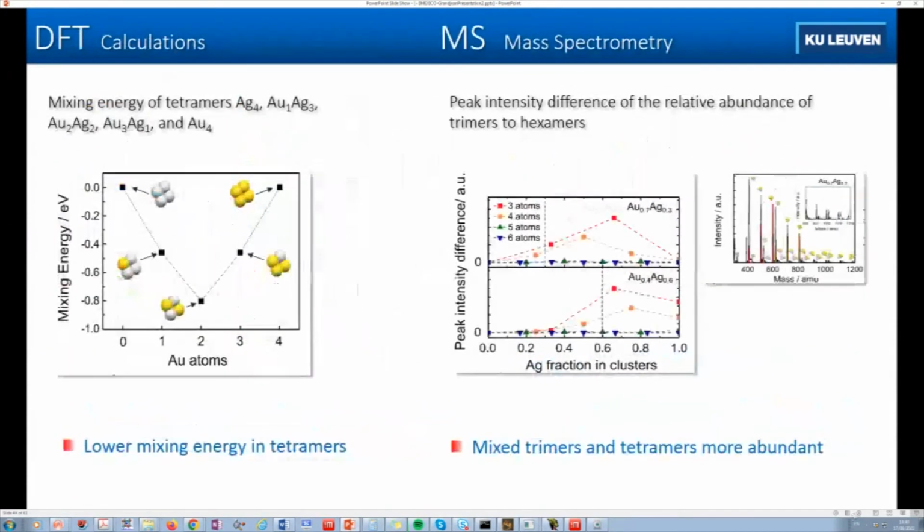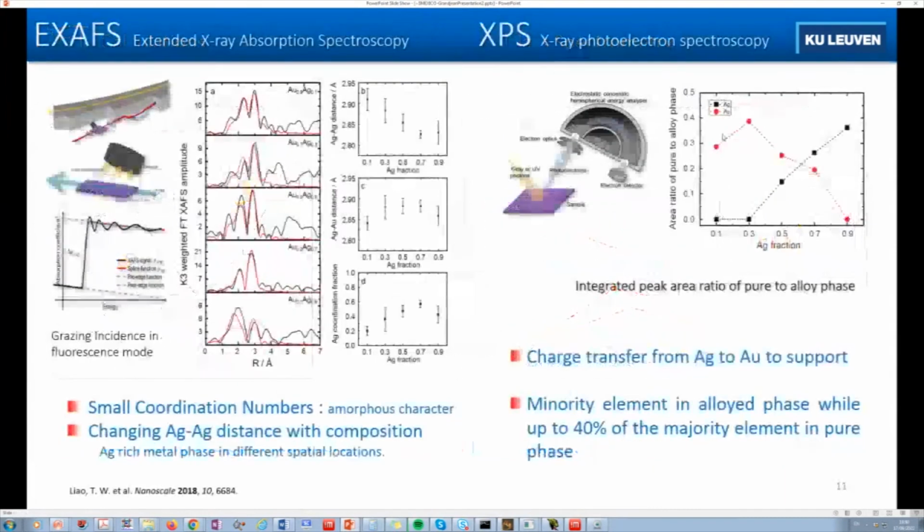It's not mixed at all because there is a lot of pure inside the cluster. Here it is pretty mixed at 0.5, but then it's not so well mixed. We also saw some charge transfer, and I think the final idea was the minority element very often in the core of the particle.